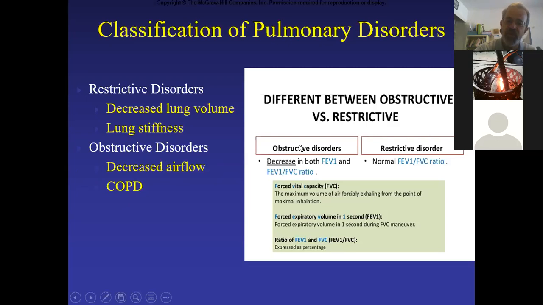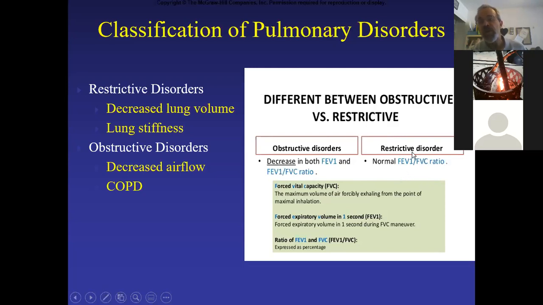All right, so here we have obstructive and restrictive. Interesting with restrictive, basically there's a normal FEV1 to FVC. This is used as a diagnostic. They parallel, right? This decreases, but that also decreases, so they're normal. So FEV1 over FVC is normal in a restrictive disorder.